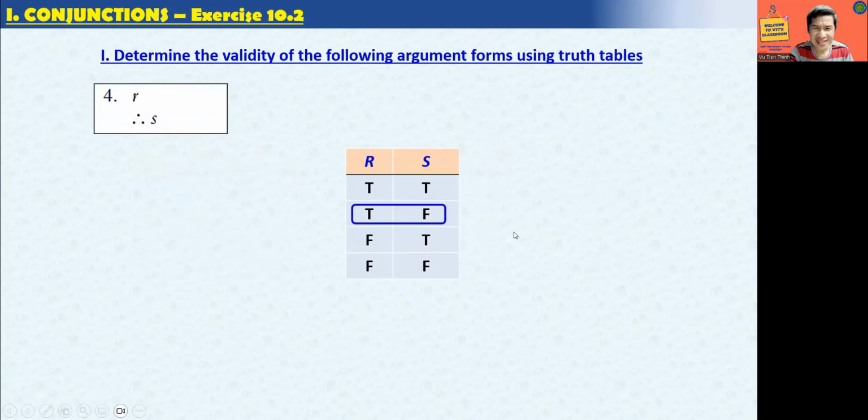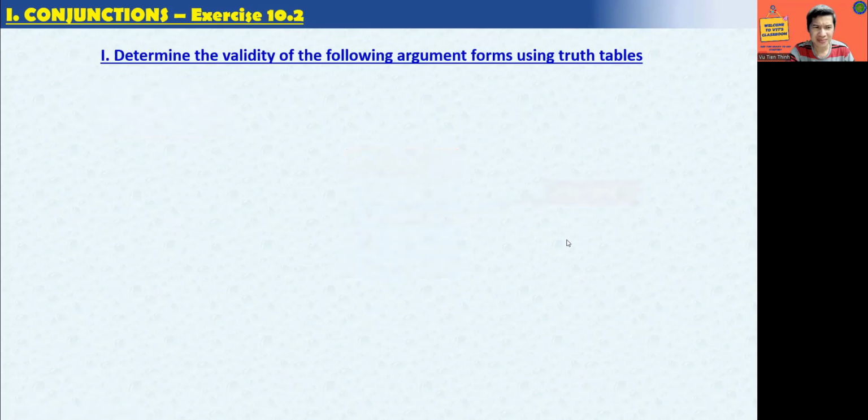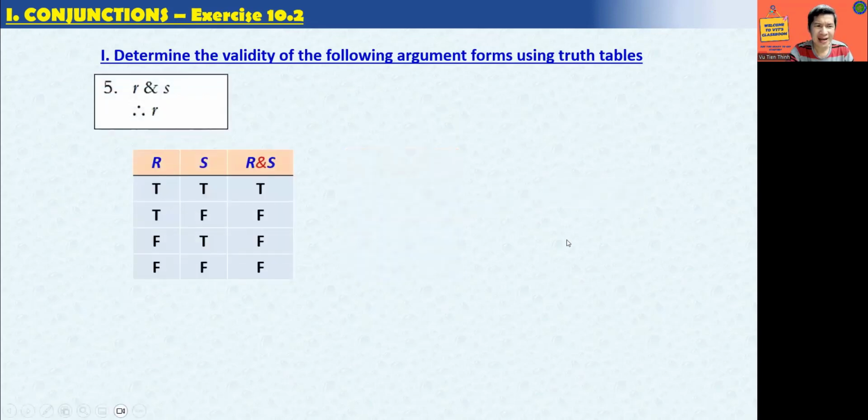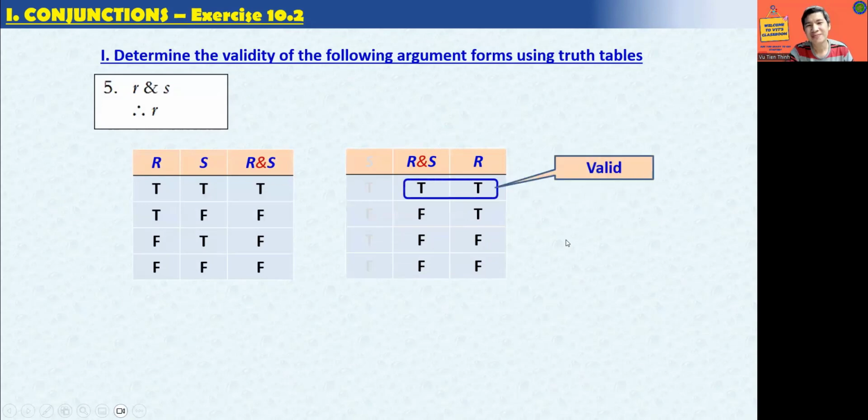You find out this, and you conclude another. We do have this in the thesis. Maybe you are lucky, it can be okay, but there is always a chance that you are not lucky. Invalid. You can see it's closely related to your thesis in the future. Number 4, R and S and the conclusion R, easy, valid.